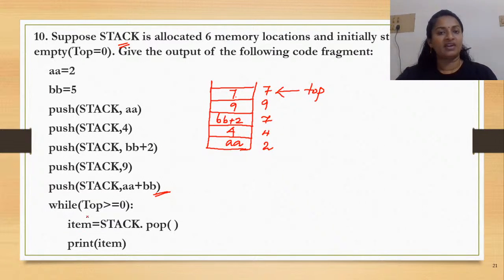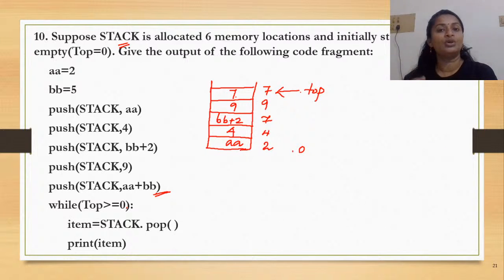Now next you are running a loop. Here the top is going to travel from the current value till it reaches the index value 0. In this case you are trying to print item. Now pop is a method. We know that stack would be implemented using a list, right?